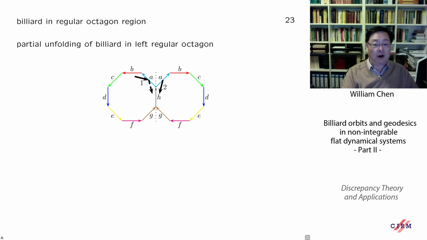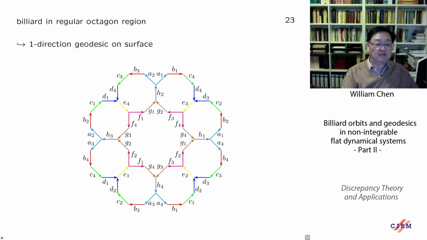And a little thought would end up with the following conclusion. If we start with billiard in the regular octagon region, it is equivalent to studying one direction geodesics on this surface, which is made up of 8 regular octagon faces.